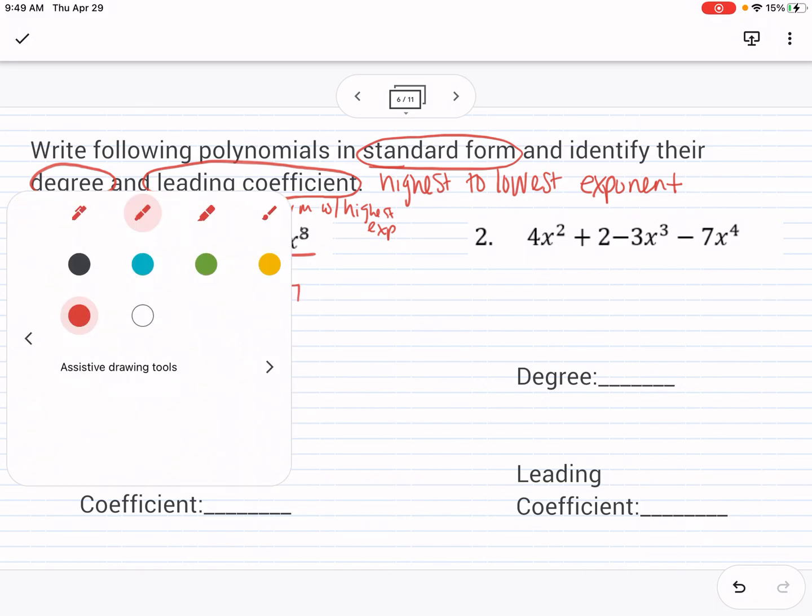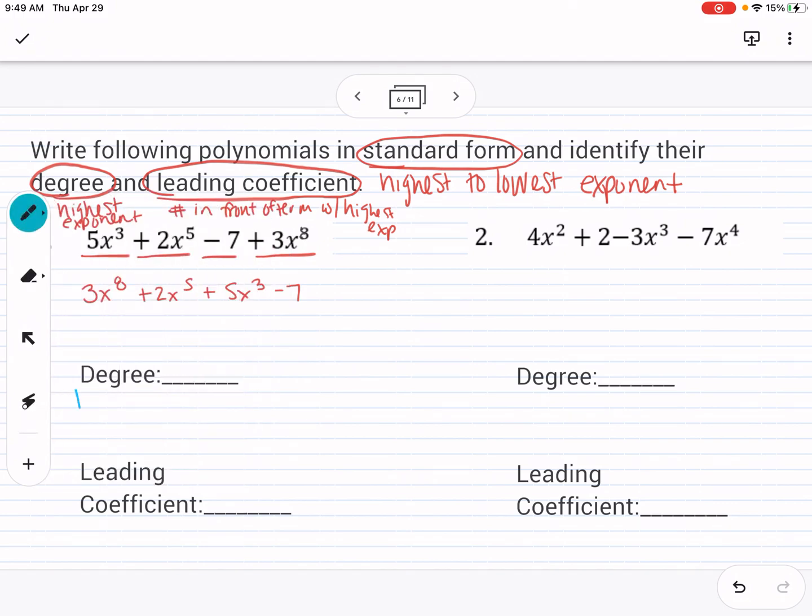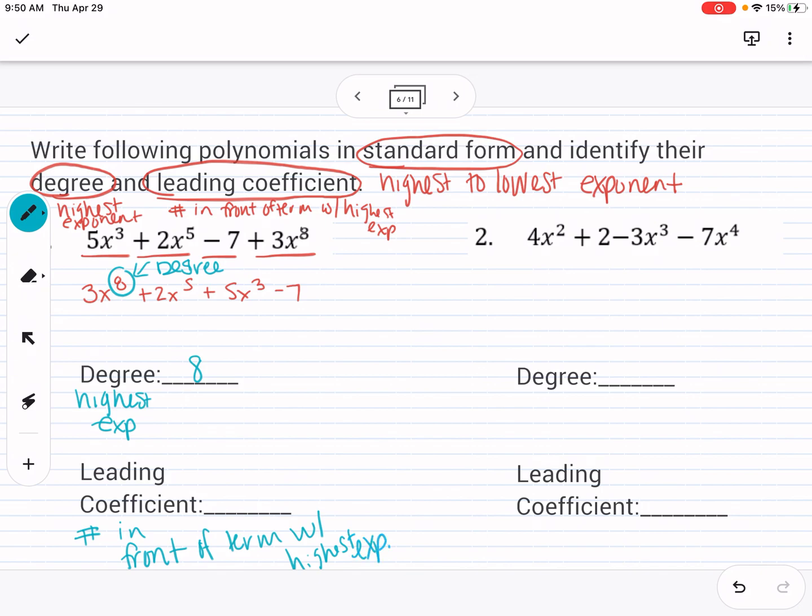Our degree is the highest exponent. So that would be an 8. And your leading coefficient is the number in front of the term with highest exponent. So here that would be the 3.